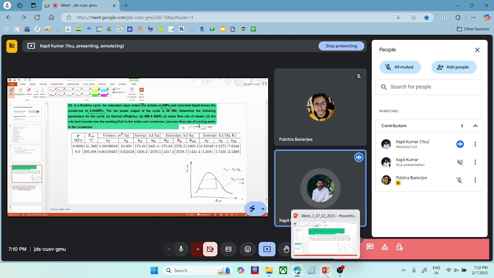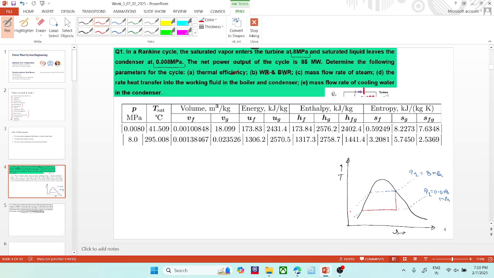So what I have done in the last class, we didn't have the time to solve this problem. So I'm just providing some hints and the final answer. So if you have tried it, you can match or you can try it again. So this is point one, this is point two, point three, and point four.